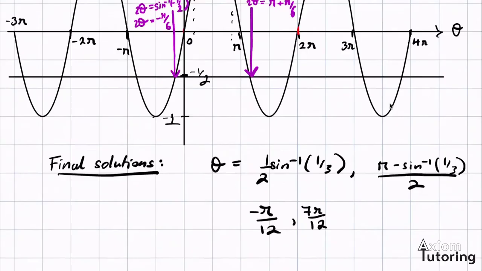Now, of course, there are infinitely many solutions outside of this interval, but because we only want them between minus pi and pi, these are the only ones that we will give for the final solutions. If you wanted to find other solutions that are not within the given interval, all you have to do is add or subtract multiples of 2 pi, and then you will have more solutions.